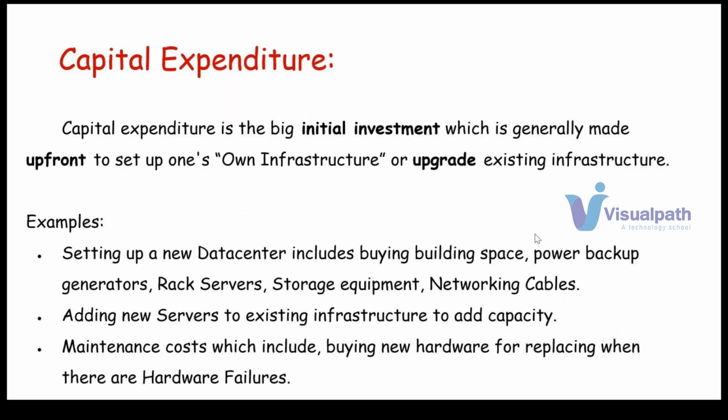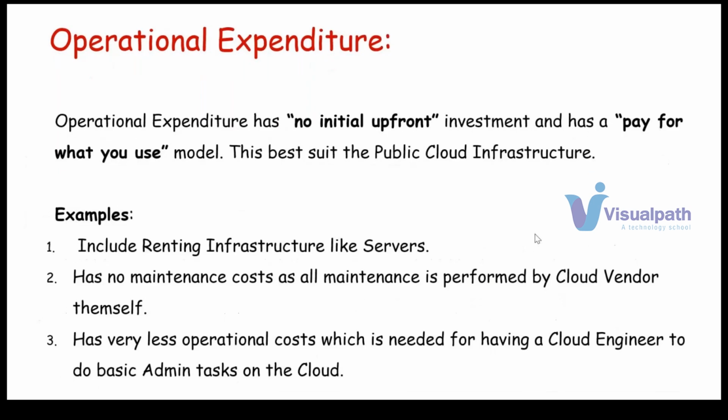And adding new servers to existing infrastructure to add capacity, and maintenance costs, which include buying new hardware to replace failed hardware. So these are all the expenditures required by owning our own infrastructure. Now operational expenditure means no initial upfront cost, right? And it has a pay-for-what-you-use model, which best suits the public cloud infrastructure.